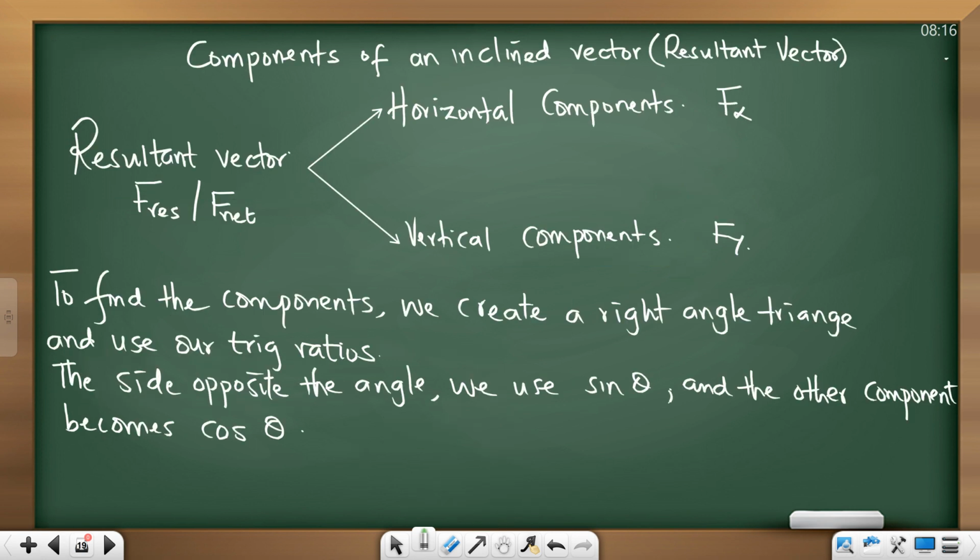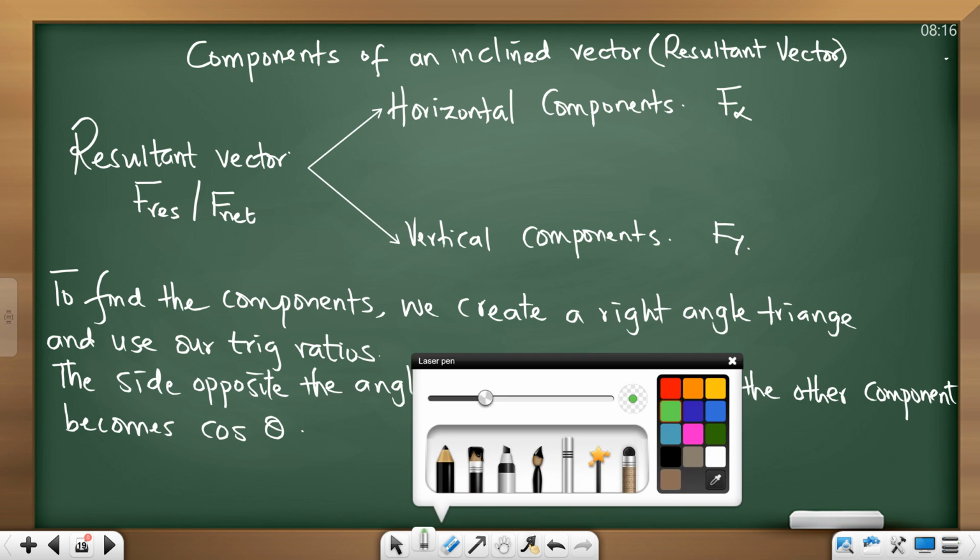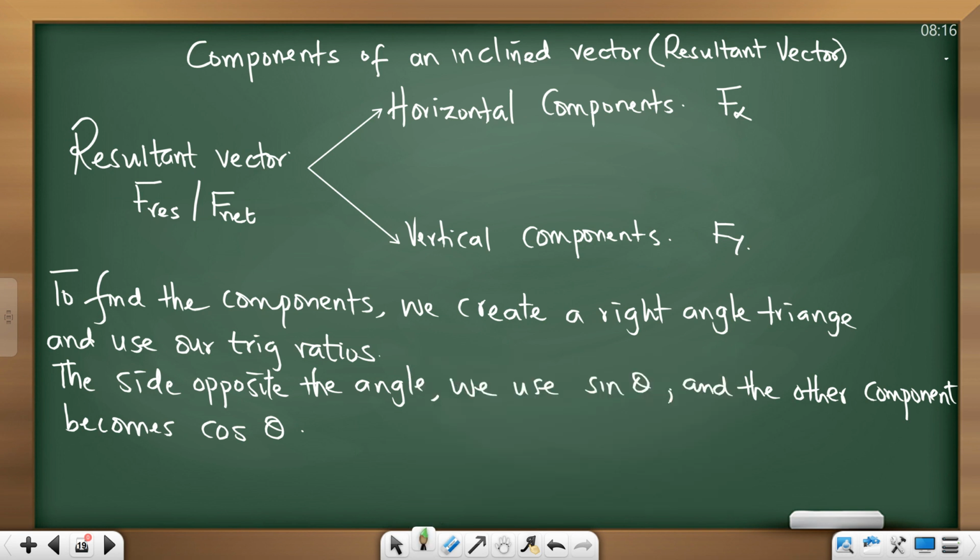You can just write this there. Once you know that, life becomes very easy. For the opposite side, opposite component, it will be F resultant sine of the angle.